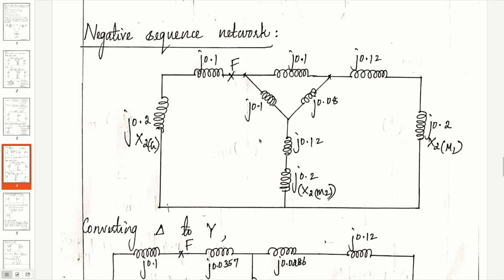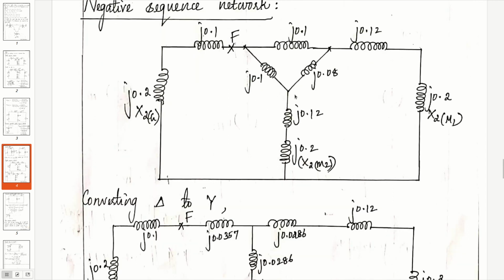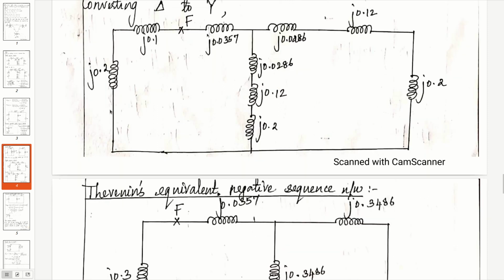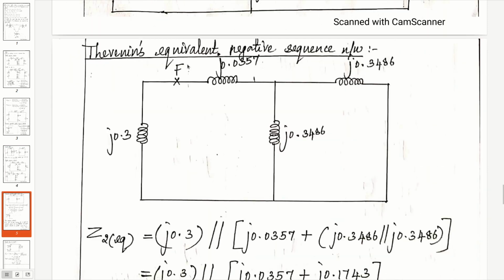Again, for this delta configuration, we draw the equivalent star using the formula for delta to star conversion. Now these 3 are in series, these 3 are in series, these 2 are in series. Again, we can simplify the circuit like this. Then draw the Thevenin's equivalent negative sequence network.